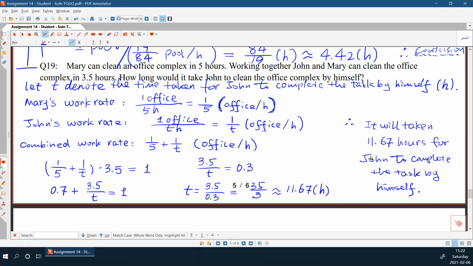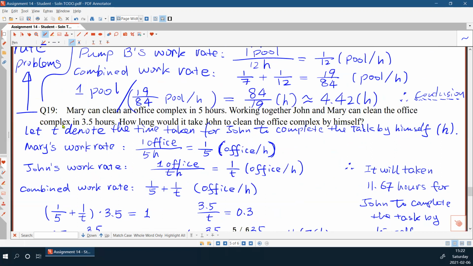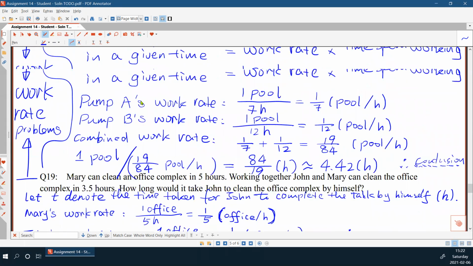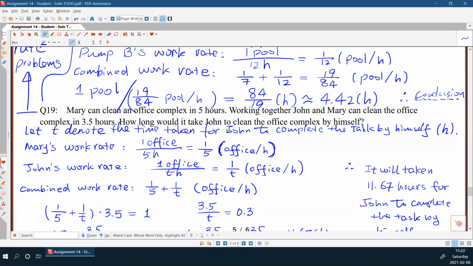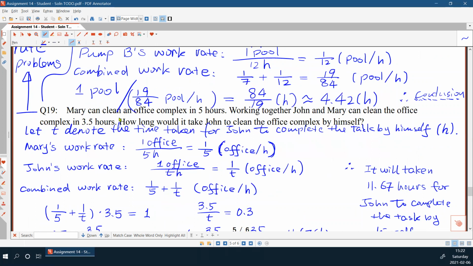Okay, again, if you have done question 18 or question 19 incorrectly, you should update your error book, okay? Because they are very typical. They are the very typical problems involving work rate. You will see this a lot in non-variable linear equations applications.